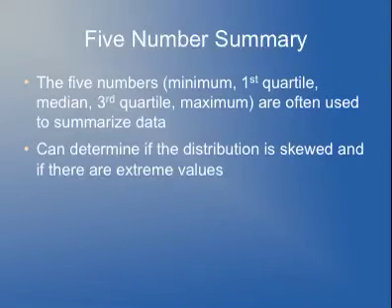Okay. The 5 numbers, minimum, first quartile, median, third quartile, and maximum, are often used to summarize the data. And we can determine if the distribution is skewed and if there are extreme values.